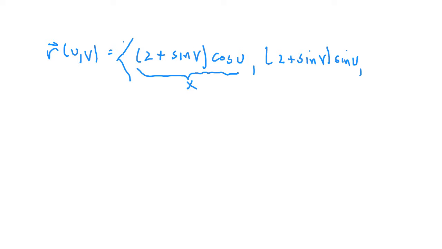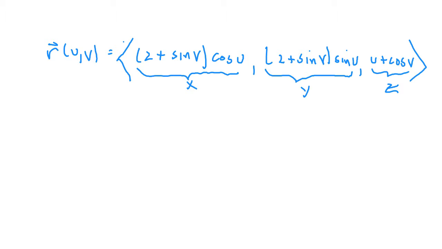Okay, that's your y component. And then the z component is u plus the cosine of v. That's the z component.